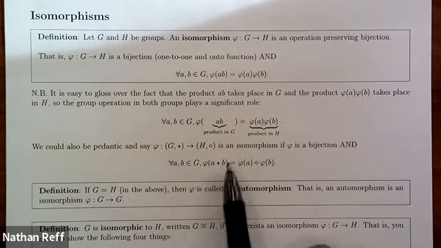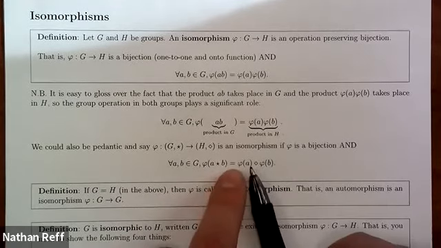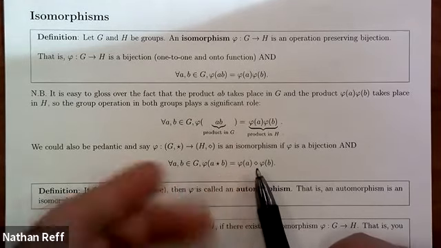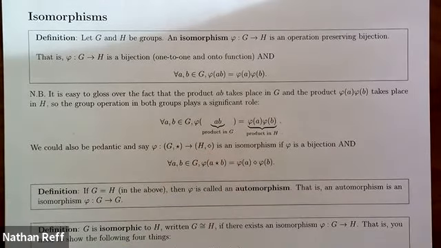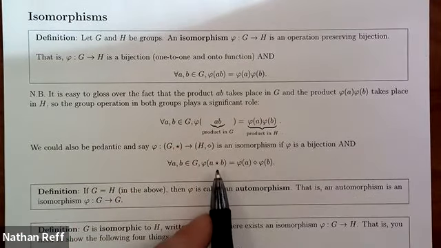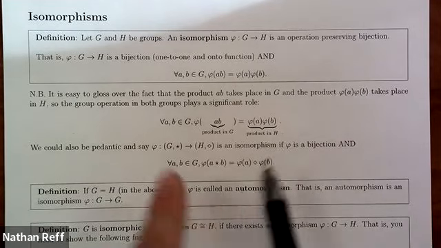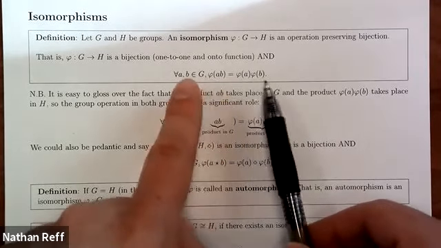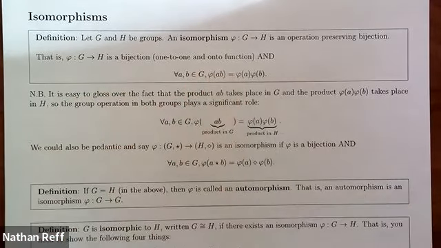So phi acting on whatever this operation is going to get mapped to, well, you have to figure out what phi of A is and phi of B is, and it's supposed to map to whatever their product would have been in H, okay? So I'm just making sure that you realize that this operation here is occurring in G, and this operation is occurring in H. Okay, we're going to do tons of examples, but I just wanted you to be aware that when you see this equation, it's kind of subtle, but something is happening here in G and something is happening in H here.